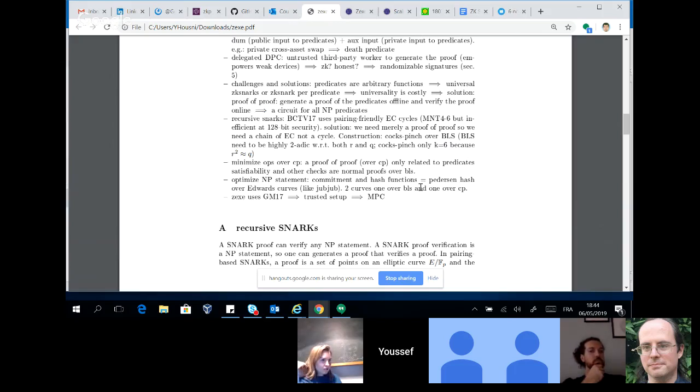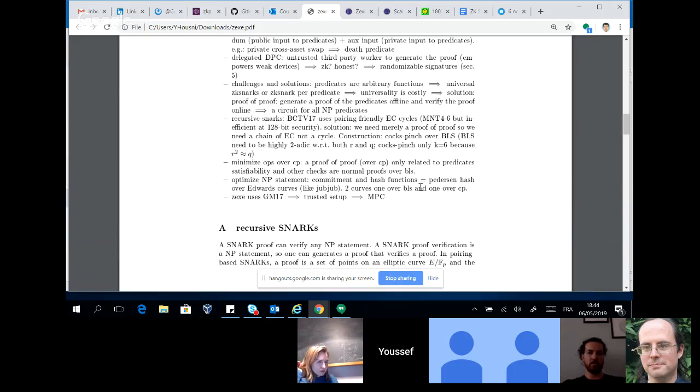And all other checks, the normal checks that do not involve privacy of the user-defined functions, we do over the BLS curve that has fewer bits. So it's not as heavy as the Cox-Pinch. So this is another optimization, just like ZeroCash did after Sapling activation.